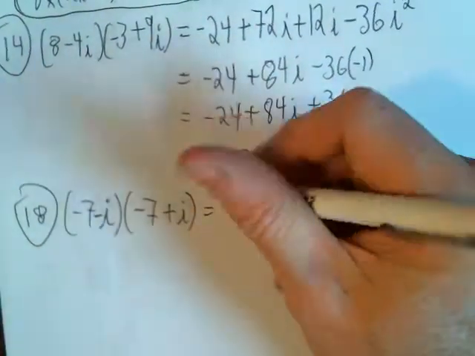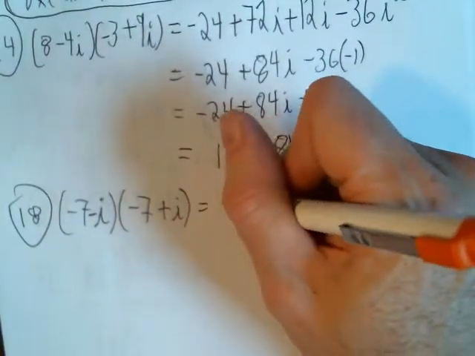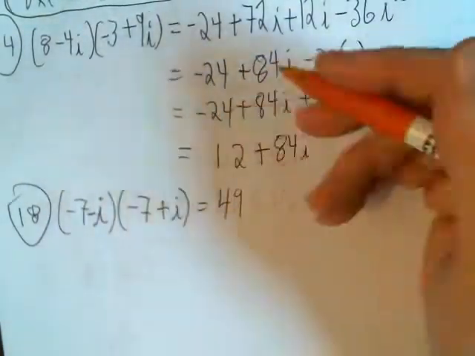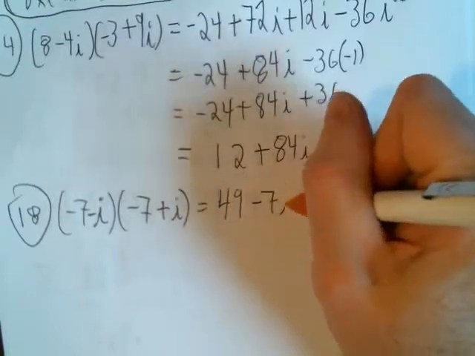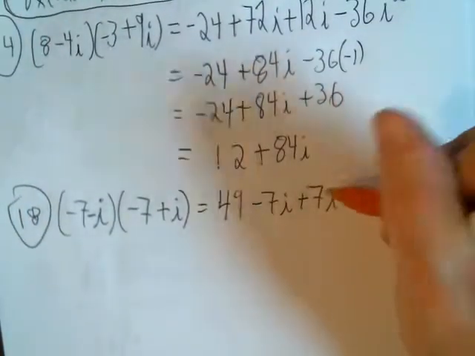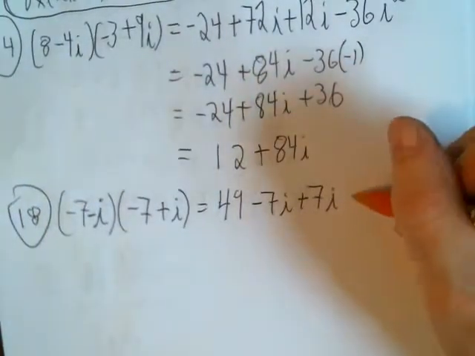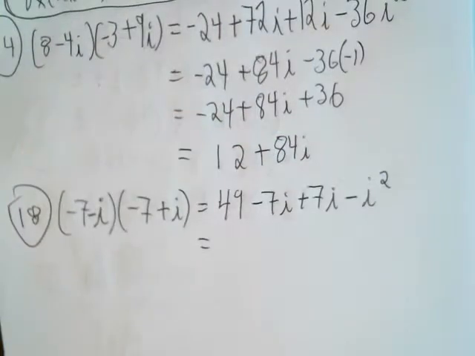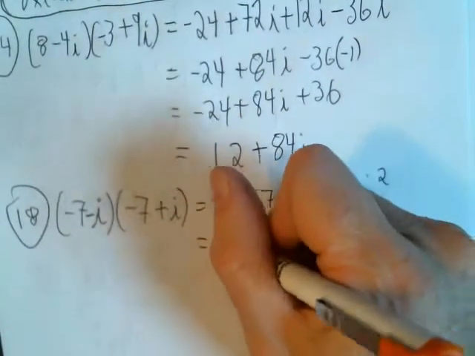Okay. So negative times negative 7 is positive 49. Those are our firsts. And then our outer, minus 7i. And then our inner, that will be negative times negative plus 7i. And last, negative i squared. Okay. So you've got 49.